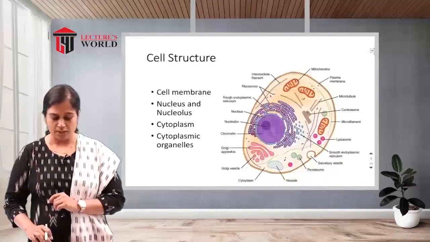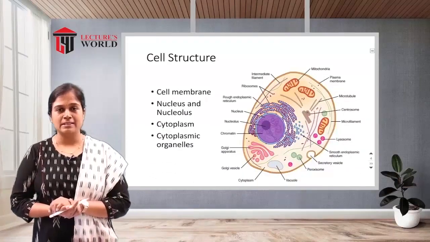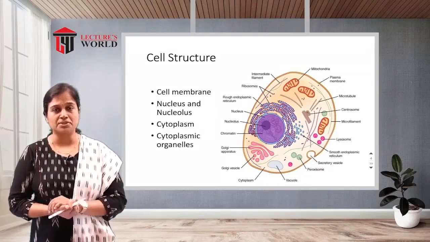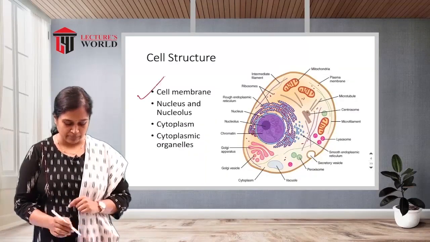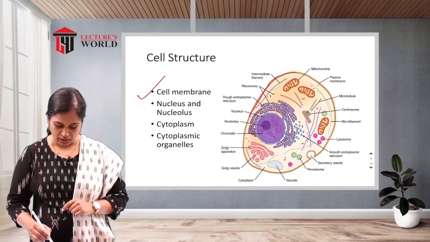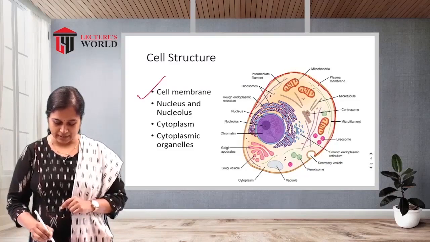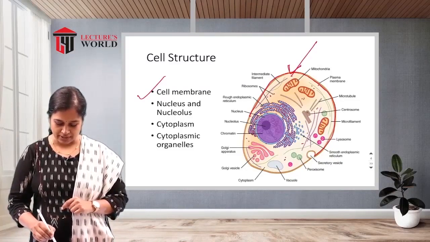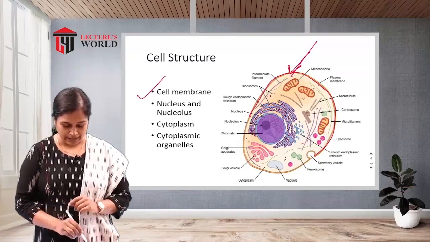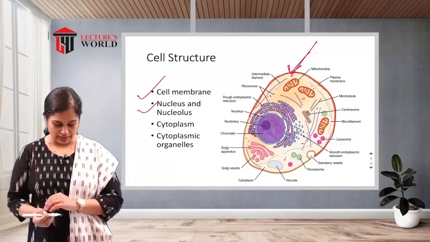Now we talk about the structure of a cell. A cell has many minute structures. It includes the cell membrane. This is the wall that covers the cell. It is called the cell membrane. Then the nucleus and the nucleolus.